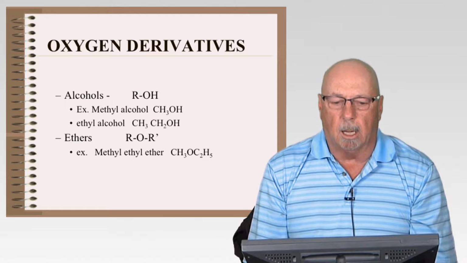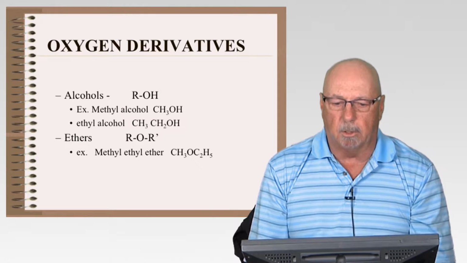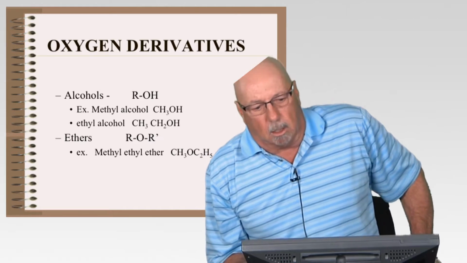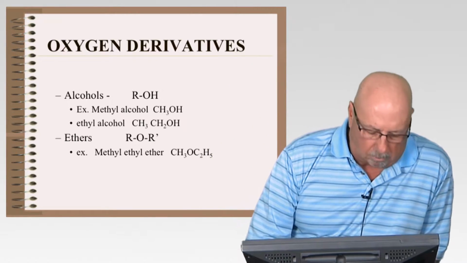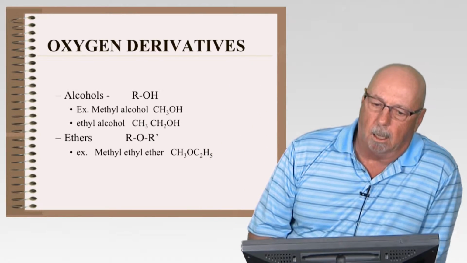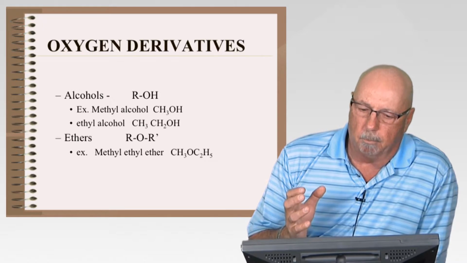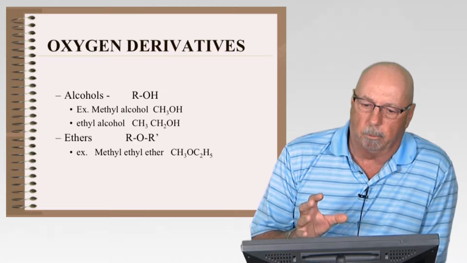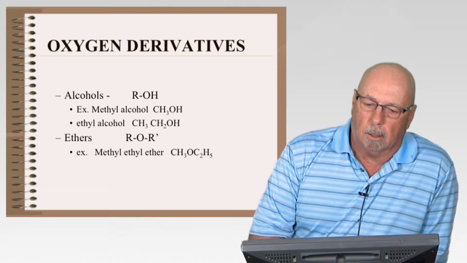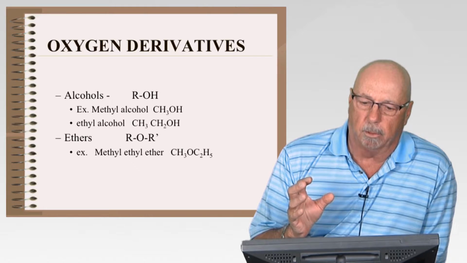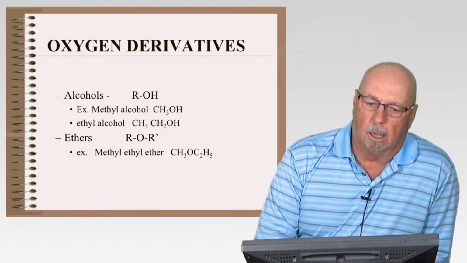Then we can have chemicals in the organic chemistry family that are alcohols, and basically an alcohol is going to be comprised of a basic unit group, which we refer to as R, and to it is going to be bound an OH molecule.